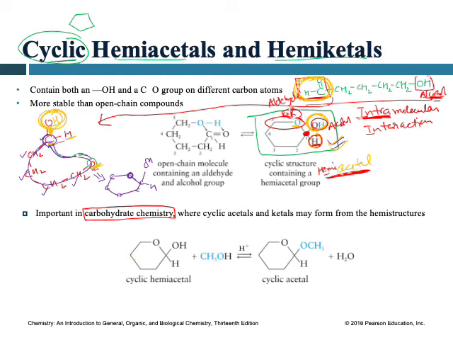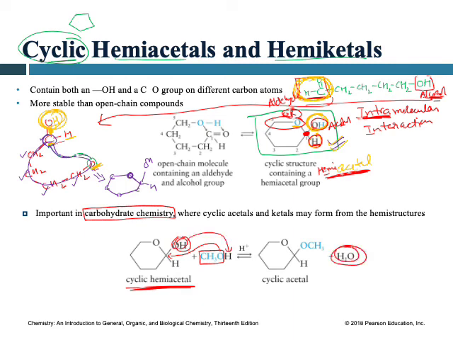This is cyclic hemiacetal, right? When 1 more extra alcohol is given, or if you do a reaction with 1 more alcoholic molecule, what's going to happen? This CH3O group is going to replace this OH. So this compound is going to bind with this carbon, and this OH is going to get removed and react with this hydrogen and be removed as water.